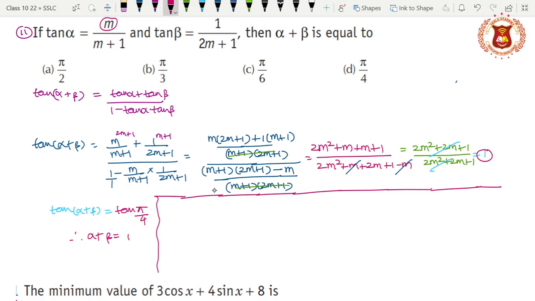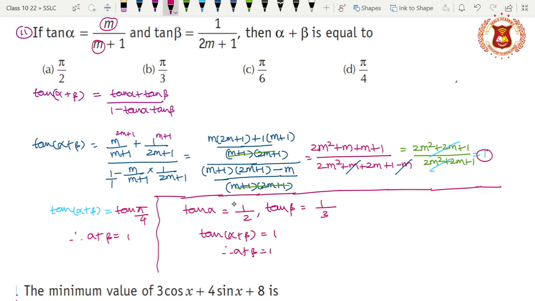Therefore tan alpha will become 1 by 1 plus 1, which is 1 by 2, and tan beta is 1 by 2 plus 1, which is 1 by 3. Therefore again whatever tan(alpha plus beta) is, it will be 1 only. Therefore again alpha plus beta is pi by 4.